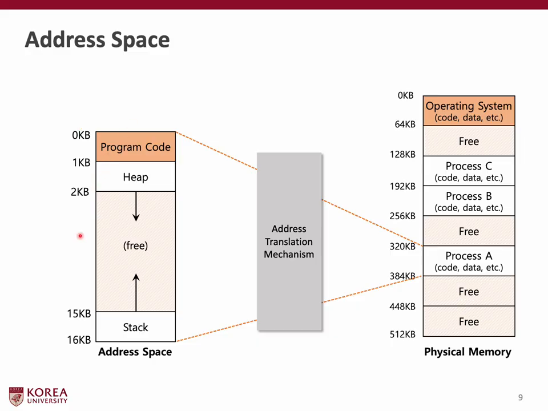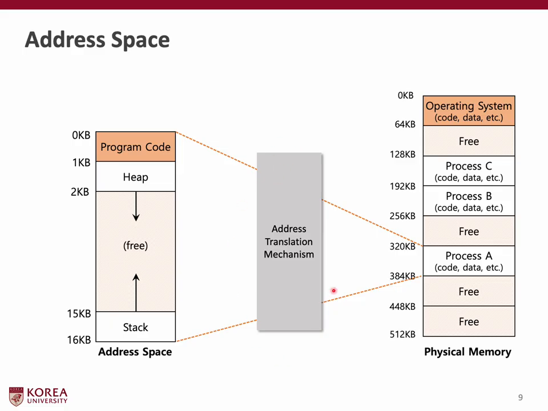So from the process point of view, it always accesses memory based on its own virtual address space. But actually, in the middle, there is something called the address translation mechanism. This mechanism converts a virtual address into a physical address. So even though the process accesses memory using a virtual address, the system makes it access the actual physical memory behind the scenes.